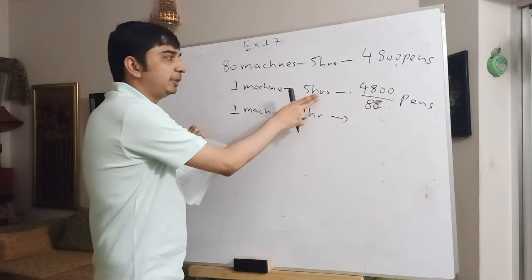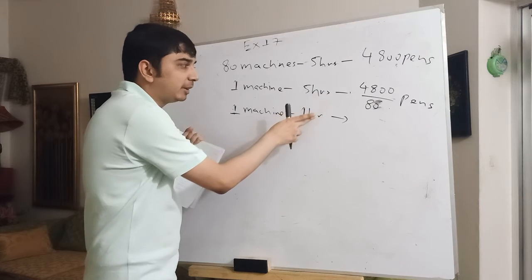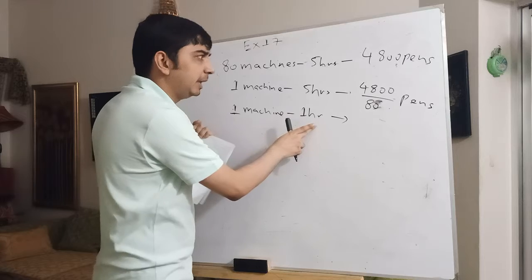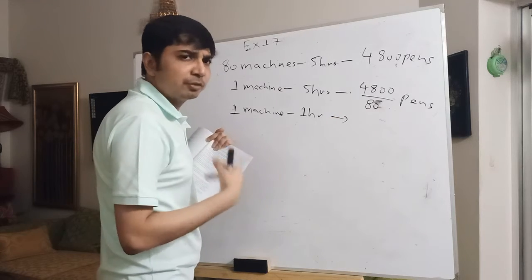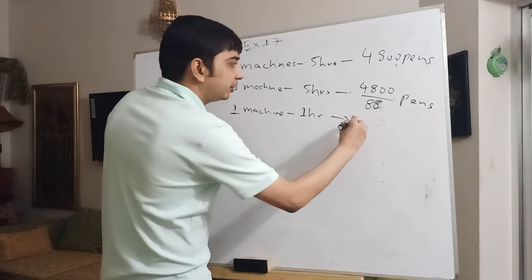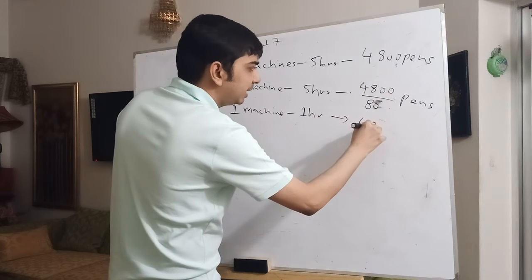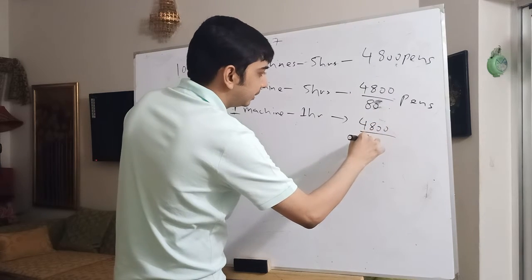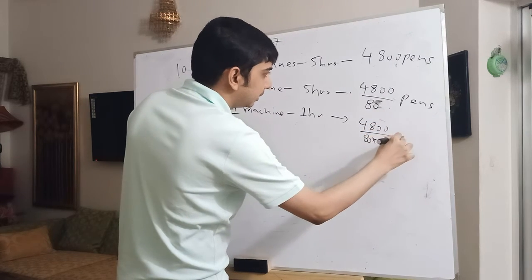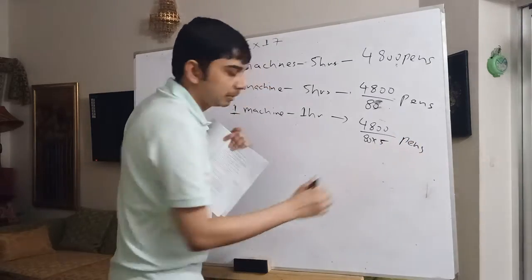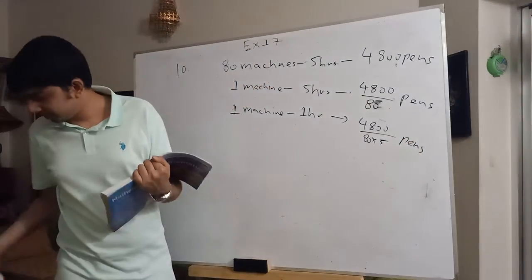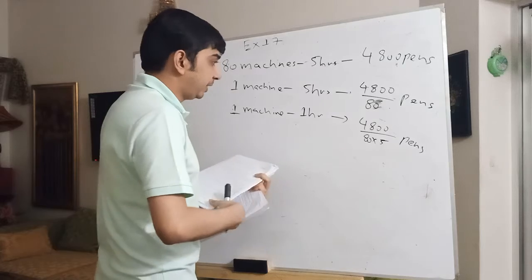So now we are changing this quantity. Instead of 5 hours, if you had 1 hour, then again the number of pens is also going to decrease. So you divide this quantity again by 5. So you get 12 pens.